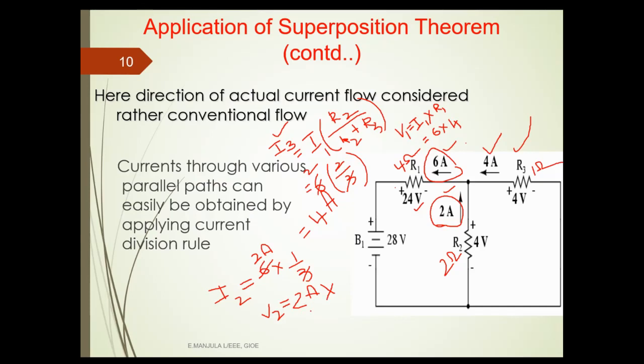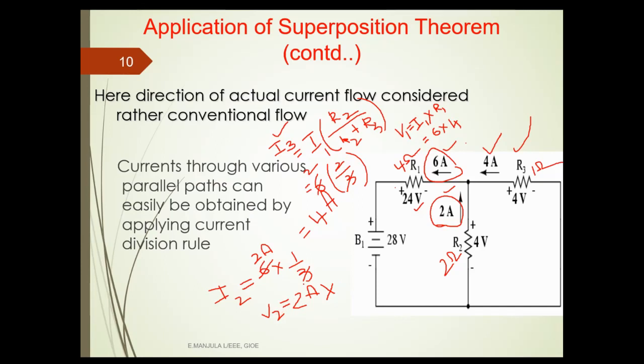So we have to remember all the laws and theorems we are studying step by step, like Ohm's law, Kirchhoff's current law, Kirchhoff's voltage law, Thevenin's theorem, we will see in the next session, and the superposition theorem. If you are able to understand all the laws and theorems, you can solve any type of network. Any given network can be solved by you if you are aware of all these theorems and laws.